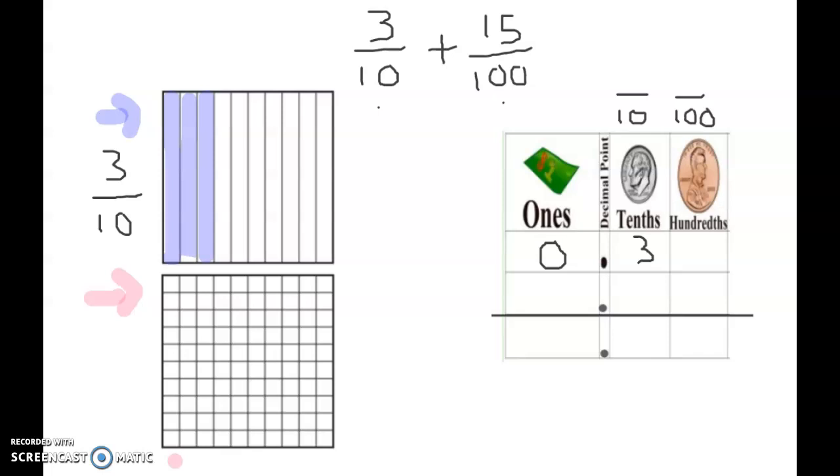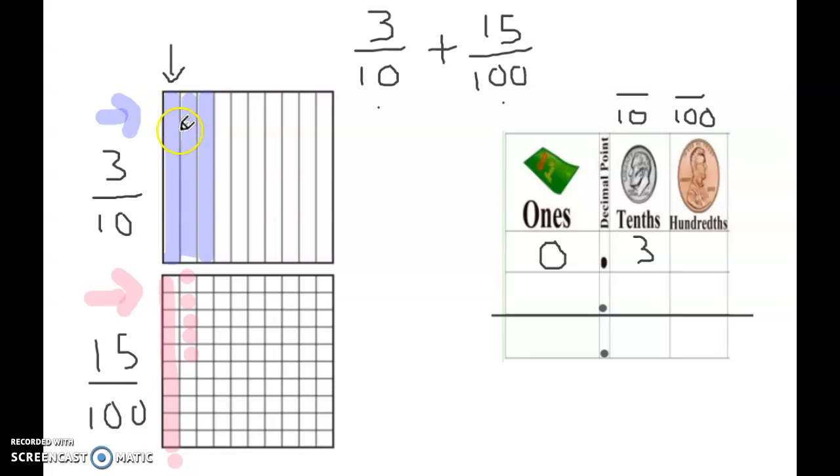So if I'm counting up to 15, I know that one of these is 10, 11, 12, 13, 14, 15. So this model represents 15/100ths.